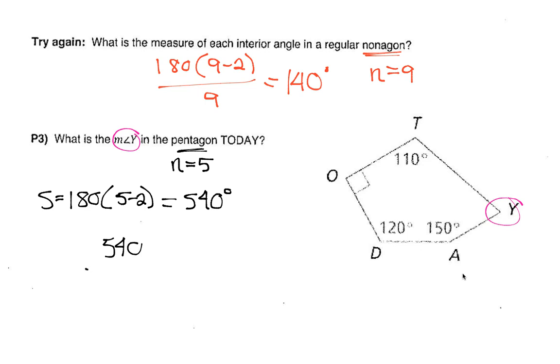So 540, I'm going to take away the 90. I'm going to take away the 120. I'm going to take away the 150. I'm going to take away the 110.